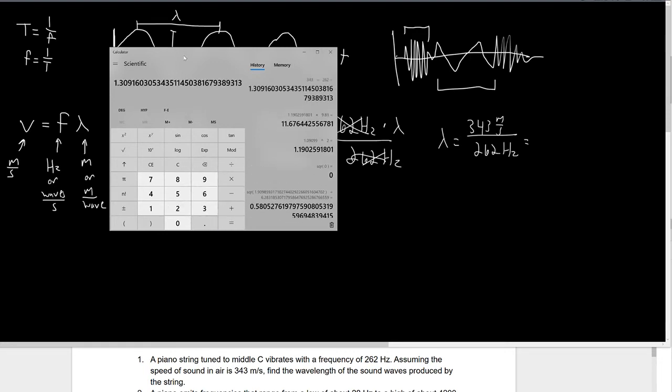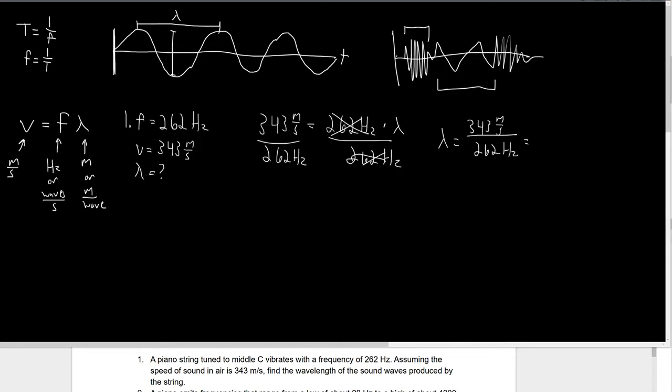All right, 1.3. Well, we're going to leave it 1.3. All right, so the length of these waves is 1.3 meters. So that's how long the sound waves are if they have a frequency of 262 hertz.